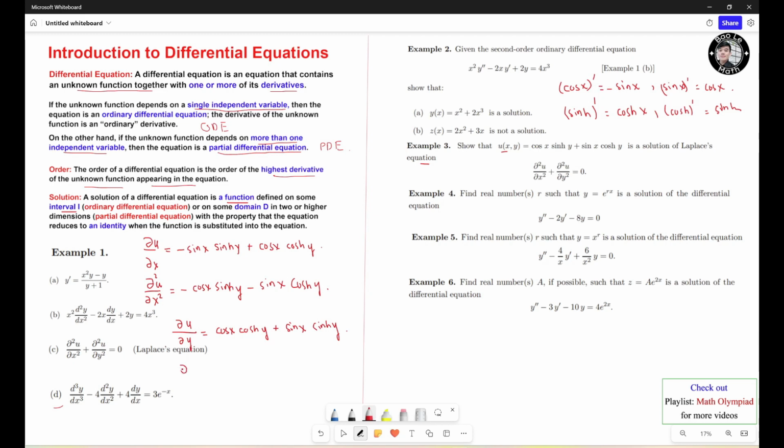Now take the second derivative of u with respect to y. It's gonna be cosine s hyperbolic sine y plus sine s hyperbolic cosine y.